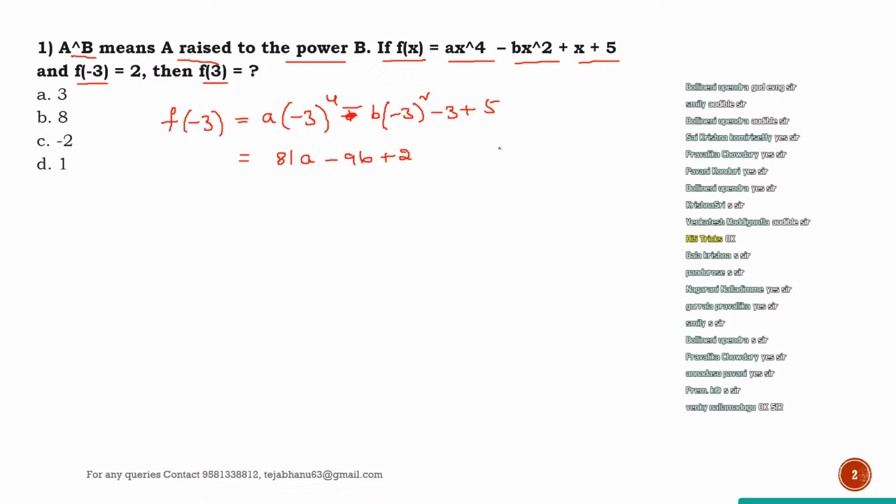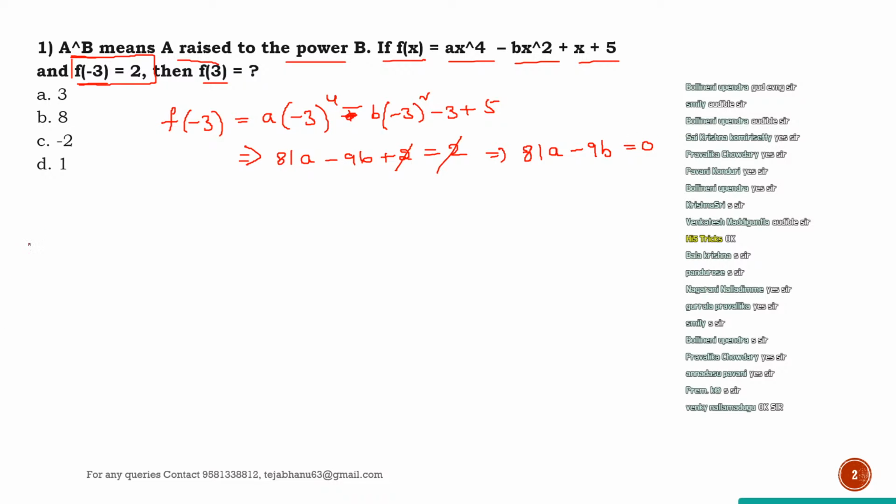This is the equation we get. He has given f of minus 3 value is 2, so we equate the entire equation to 2. Then 2 gets cancelled, and we got 81a minus 9b is equal to 0.